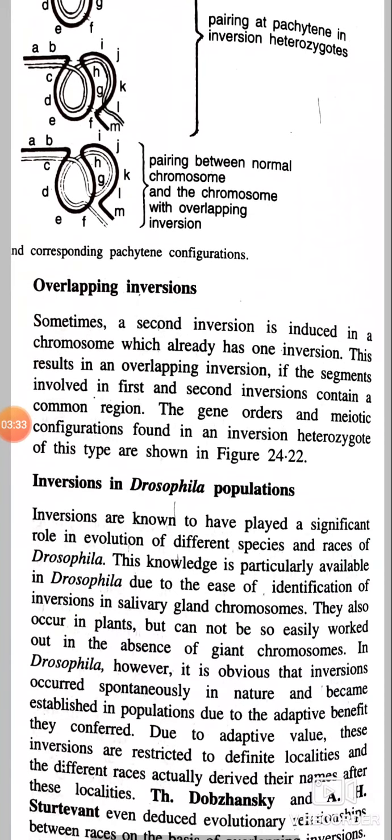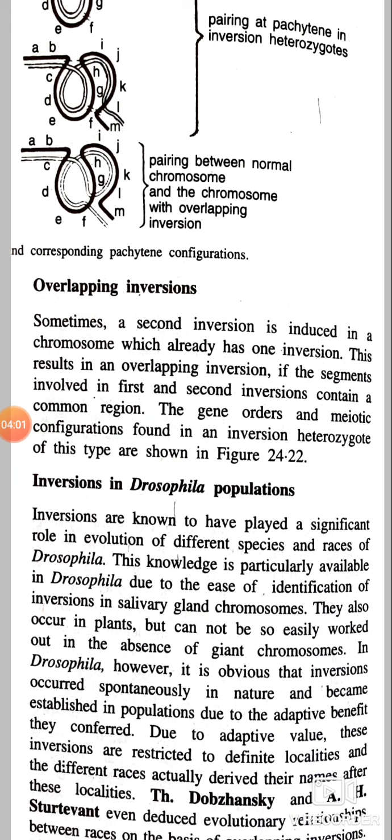Inversion in Drosophila populations. Inversions are known to have played a significant role in the evolution of different species and races of Drosophila. This knowledge is particularly available in Drosophila due to the ease of identification of inversions in salivary gland chromosomes.